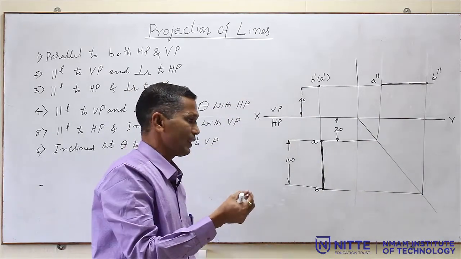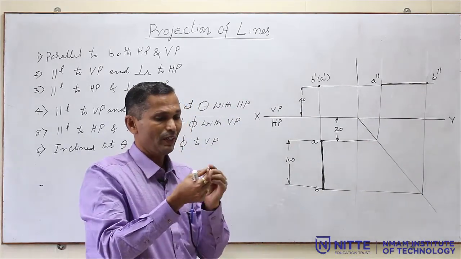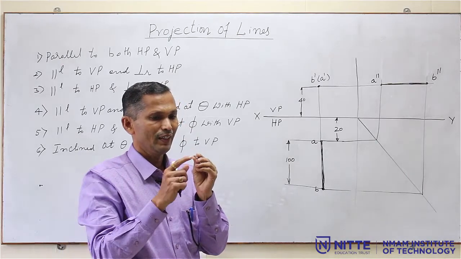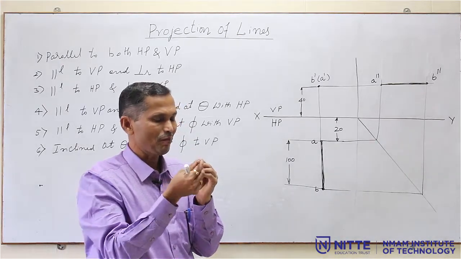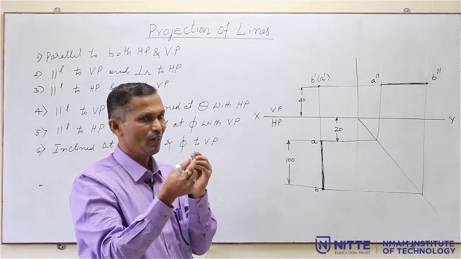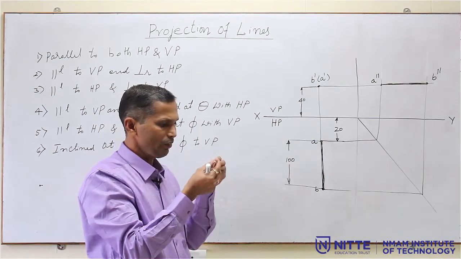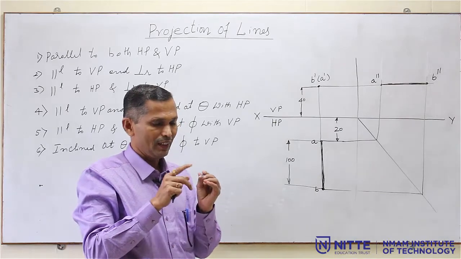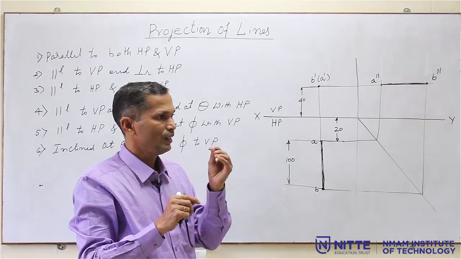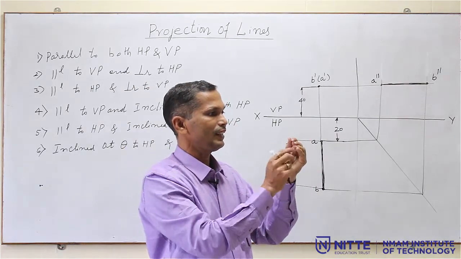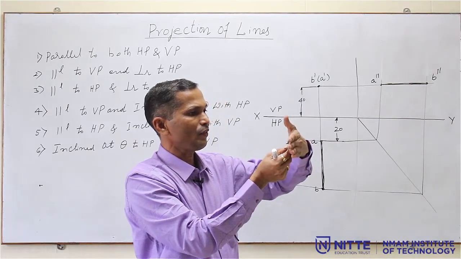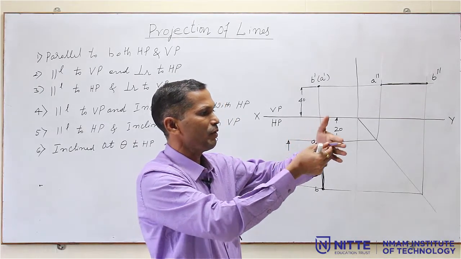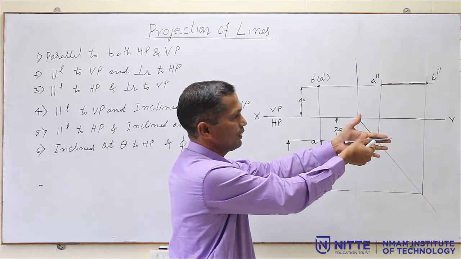Now, this is the vertical plane and the ground is the horizontal plane. If I hold the line like this, it is parallel to the ground and perpendicular to VP. What is the front view? The front view is a point. So, what is the top view? The top view is a line of the same length. Then what is the profile view? You can see here a straight line like this, but I have to rotate this VP to bring it into the plane of the horizontal plane and vertical plane.